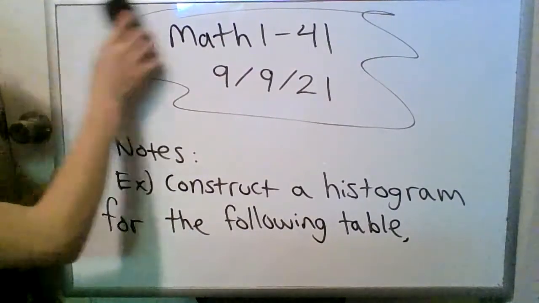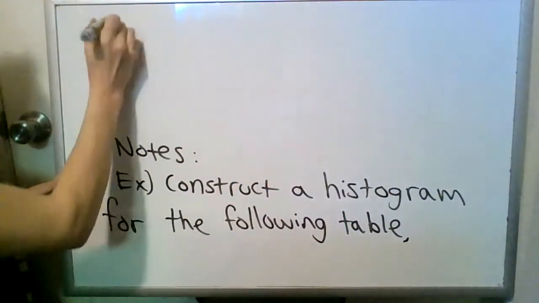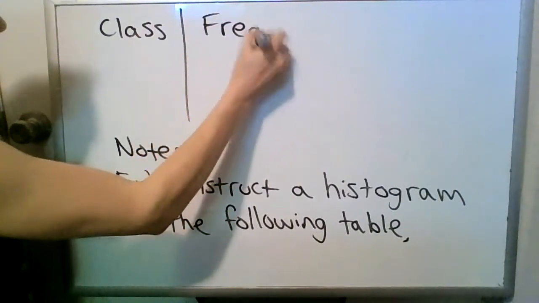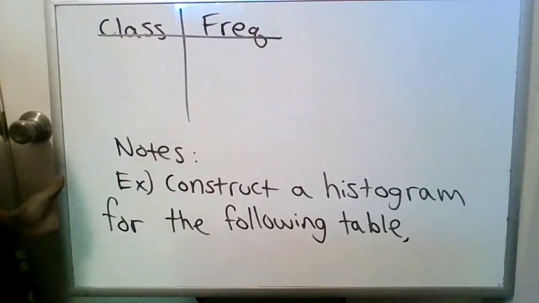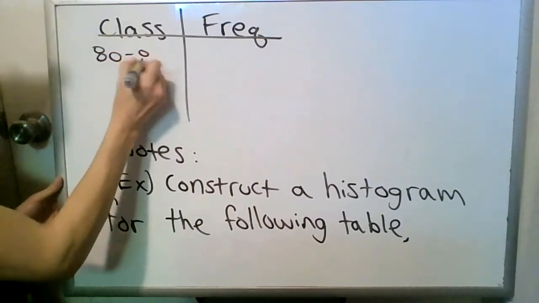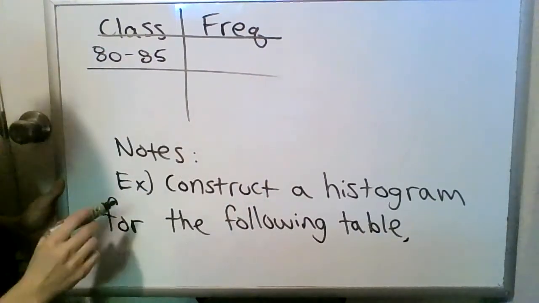Okay, our histogram is for classes that go from 80 to 85. The next one from 86 to 91.